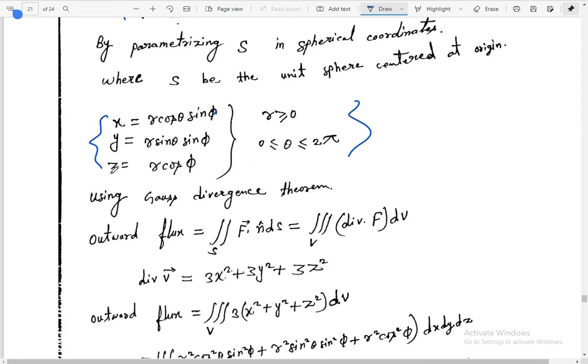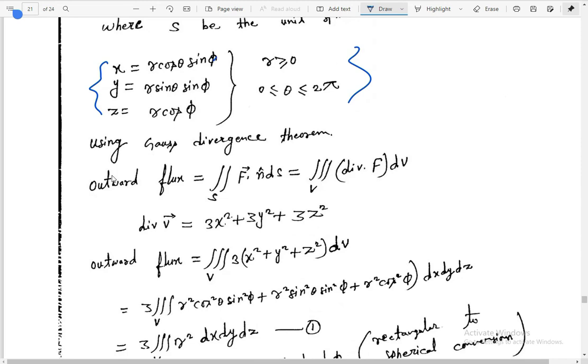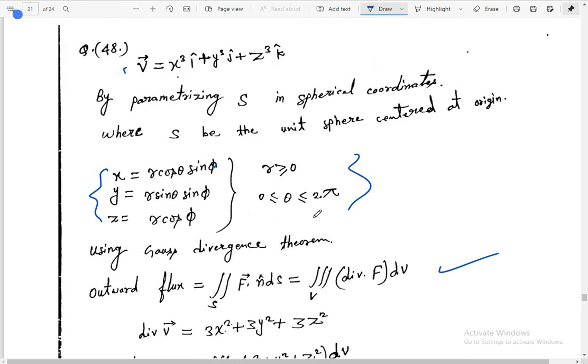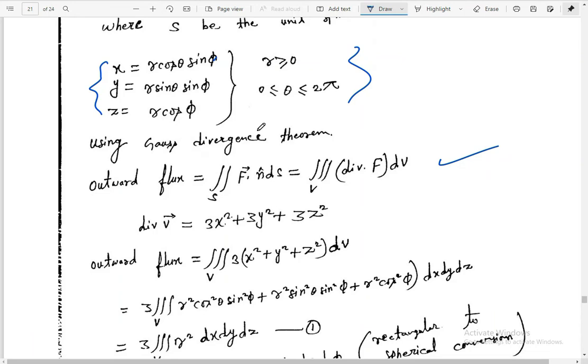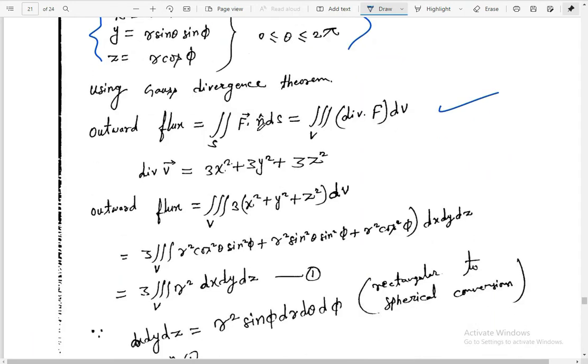According to Gauss divergence theorem, this is the formula. So divergence of V is equal to 3x square plus 3y square plus 3z square. What I did was just differentiate this one, and then apply it in the outward flux integral over dV.